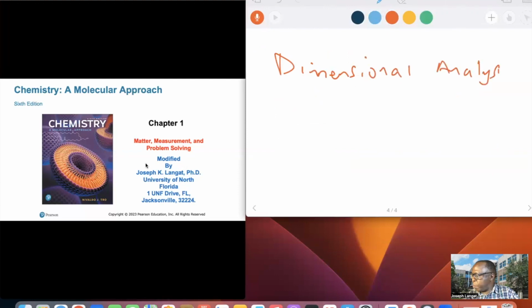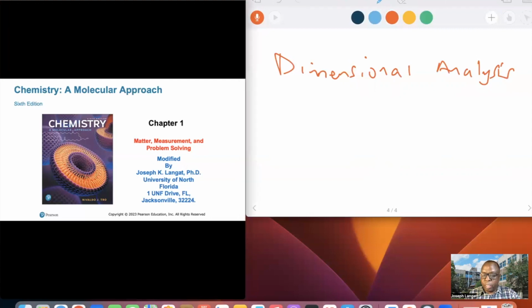It is just a powerful way of solving problems in chemistry. Remember the factor label method in intro. Sometimes we call it factor label or dimensional analysis, which is a powerful way of solving problems in chemistry.